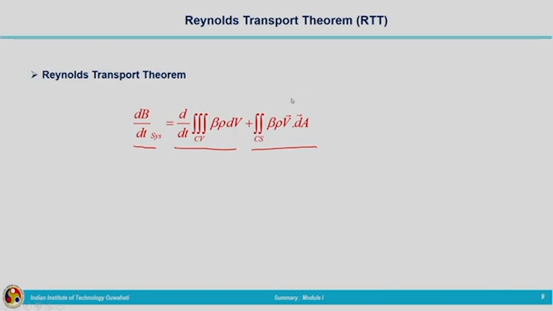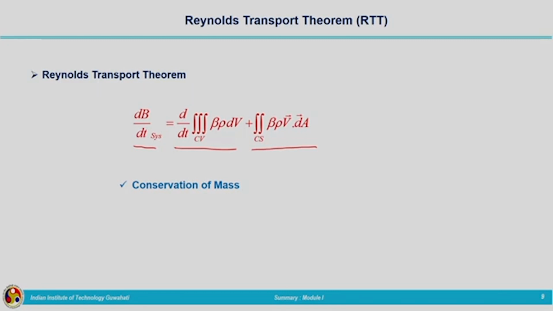After deriving the mathematical expression for Reynolds transport theorem, we used this theorem for deriving our conservation laws, that is the conservation of mass, conservation of momentum and conservation of energy.